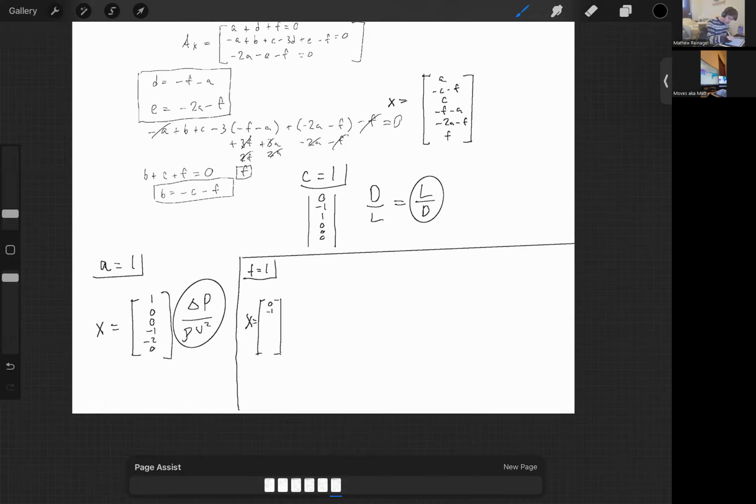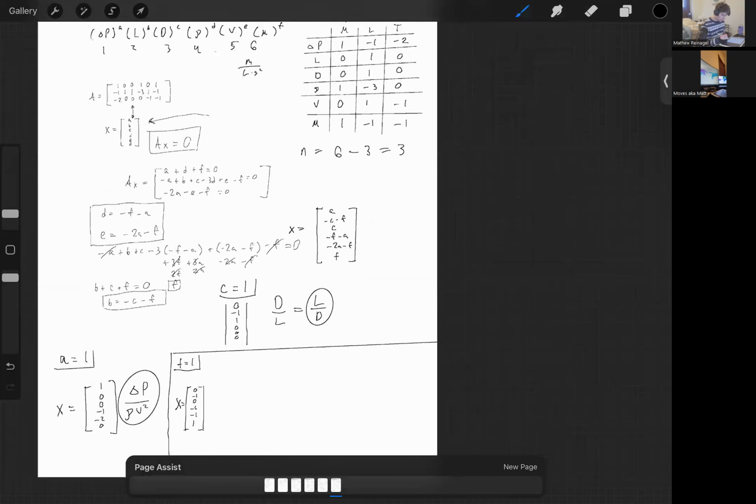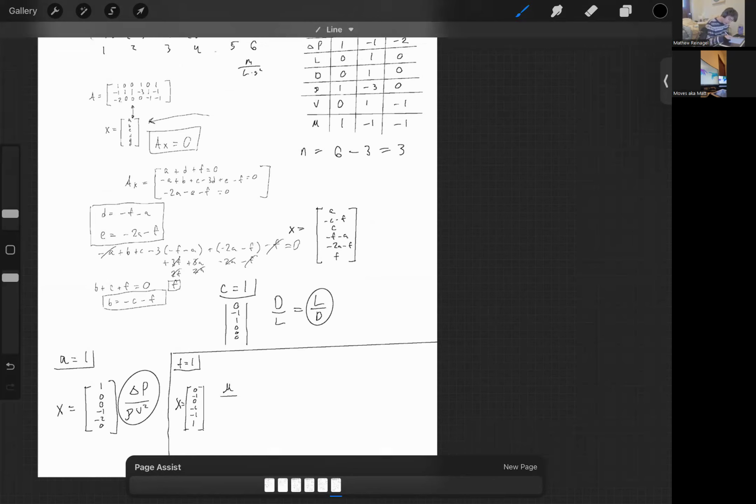This becomes 0. That becomes negative 1. That becomes negative 1. And that becomes 1. Okay, so lots happening here, but let's make sure we're going slow. We have viscosity in the numerator, and then we have length, and let's see, D is pressure, and then this is velocity.